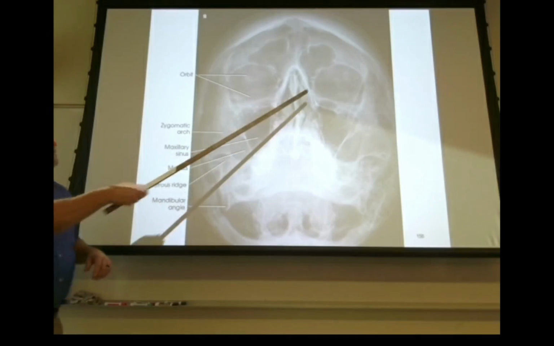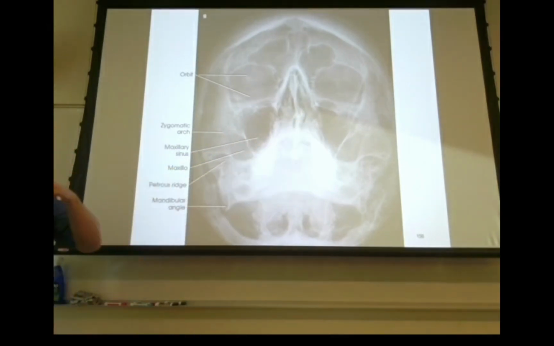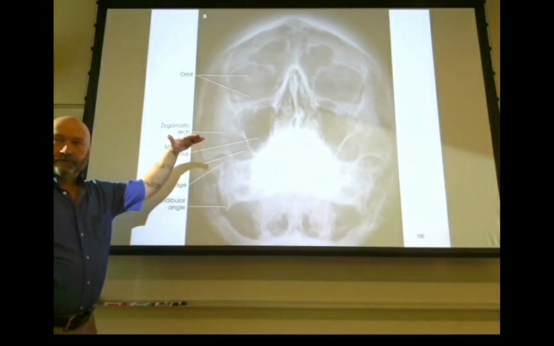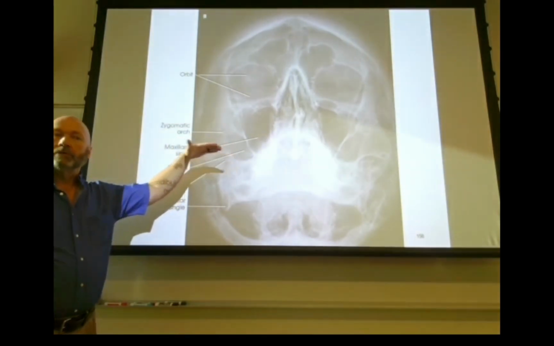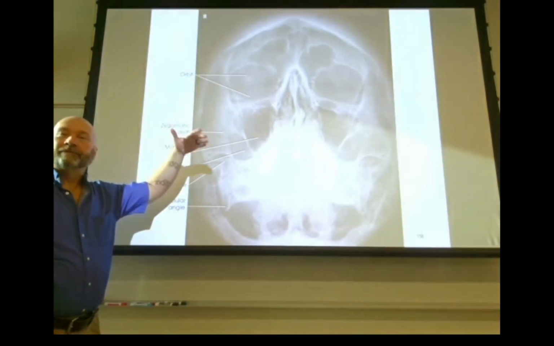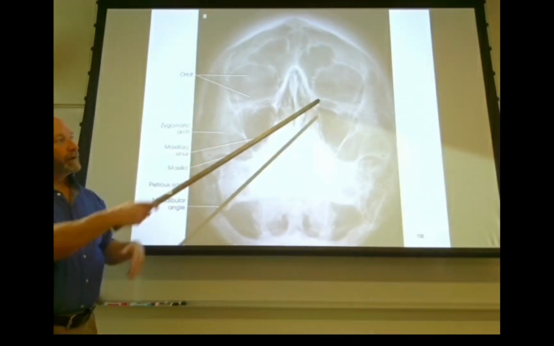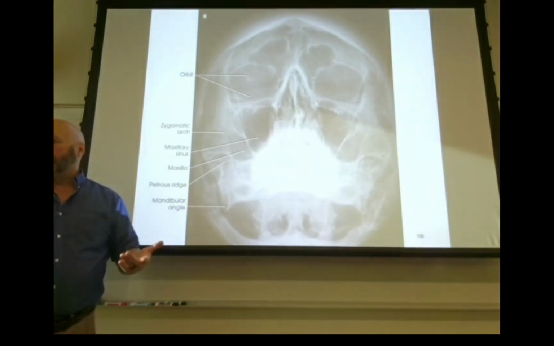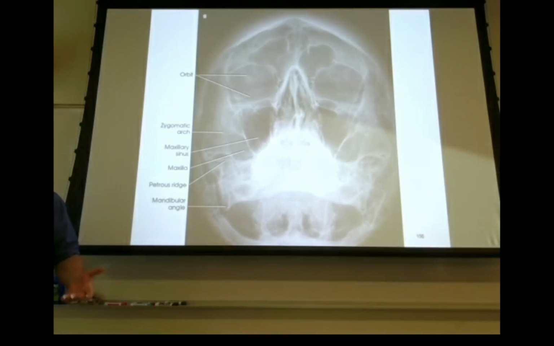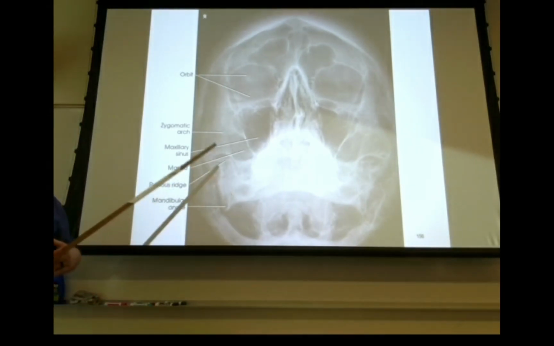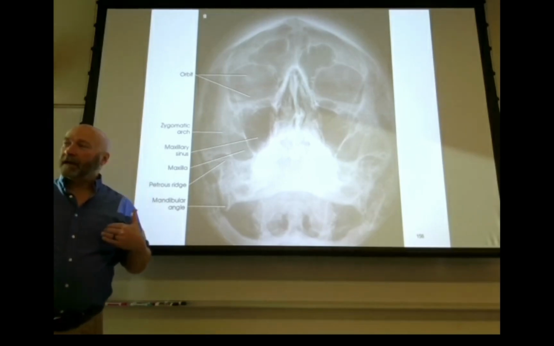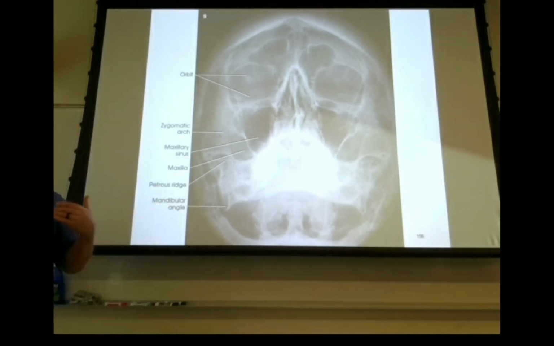It also puts the floor of the orbit pretty much perpendicular to the image receptor. So if it's possible to see that blowout fracture, we might see it here. You're probably not going to see it, but what's right below the floor of the orbit? Maxillary sinuses. So if you blow that out, then it's probably going to come with some soft tissue damage as well.